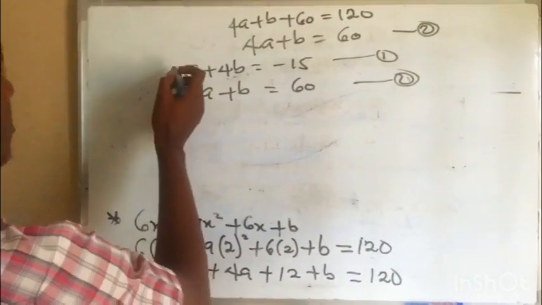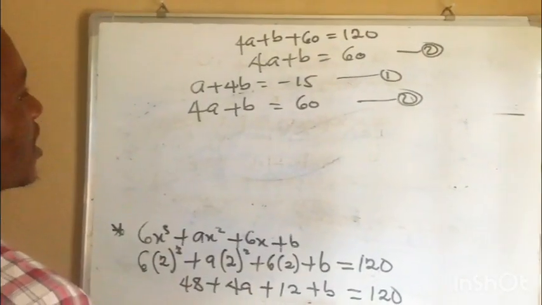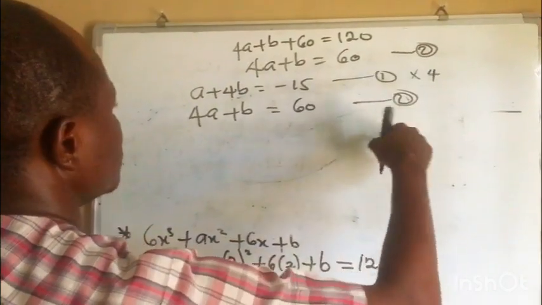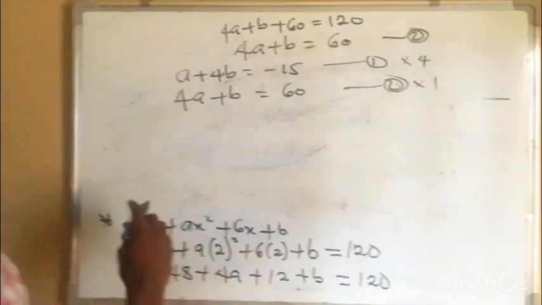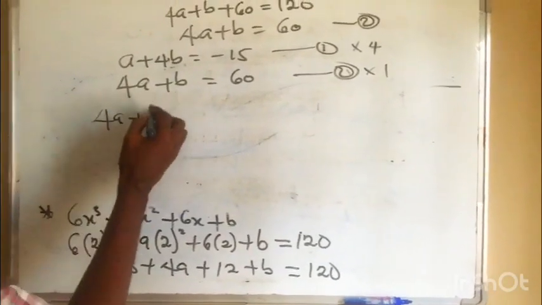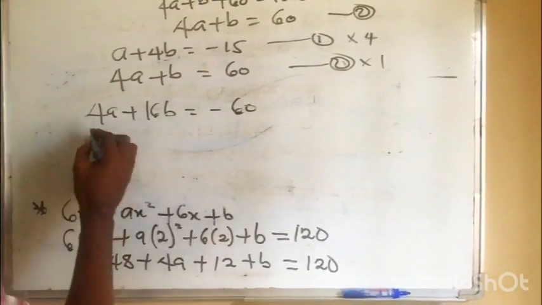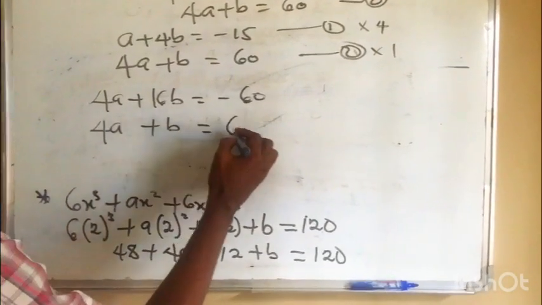If we want to eliminate a here, we make sure that the coefficient of a is the same. How do we do that? We multiply equation 1 by 4, and we leave equation 2, or multiply it by 1, just to retain what is there. So we have 4a plus 16b equals minus 60, and to retain that, we still have 4a plus b equals 60.